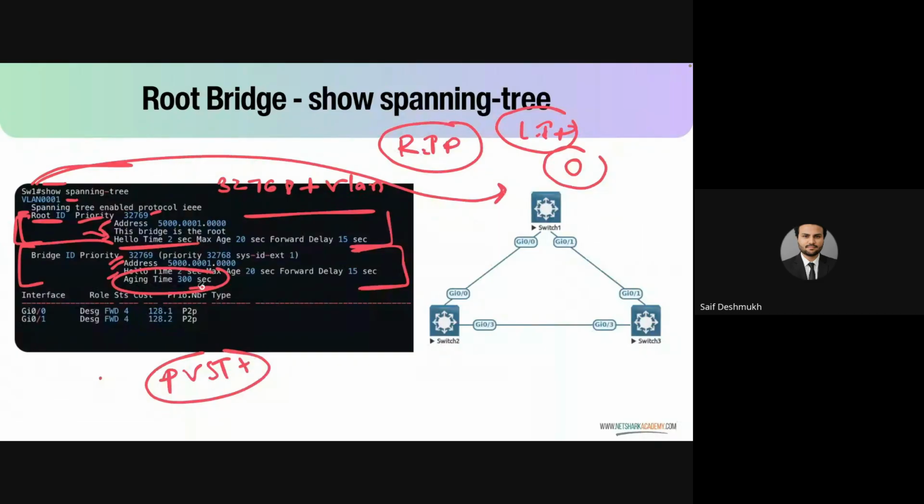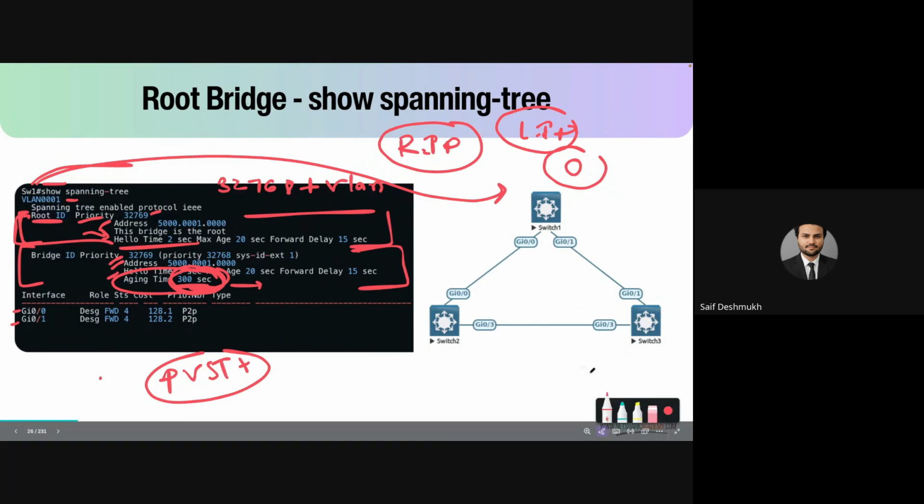On this interface, if we learn any MAC addresses, this is how long I will consider that MAC address as active and not stale. If after 300 seconds I don't see any frame with the source address of that MAC address, there is no activity, so I will remove that MAC address and consider it a stale entry.